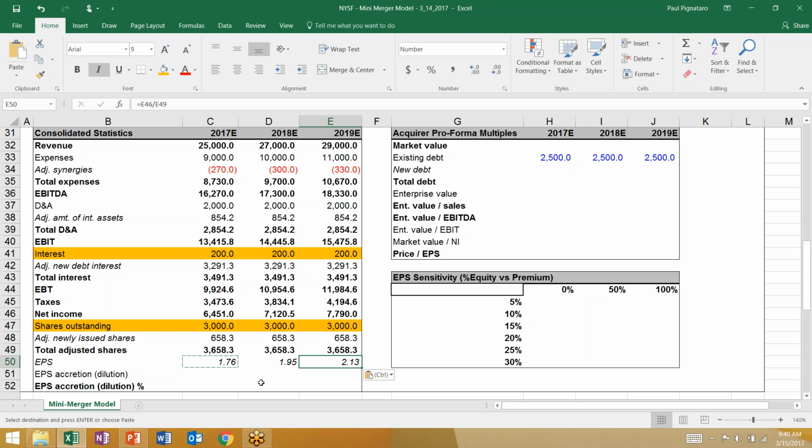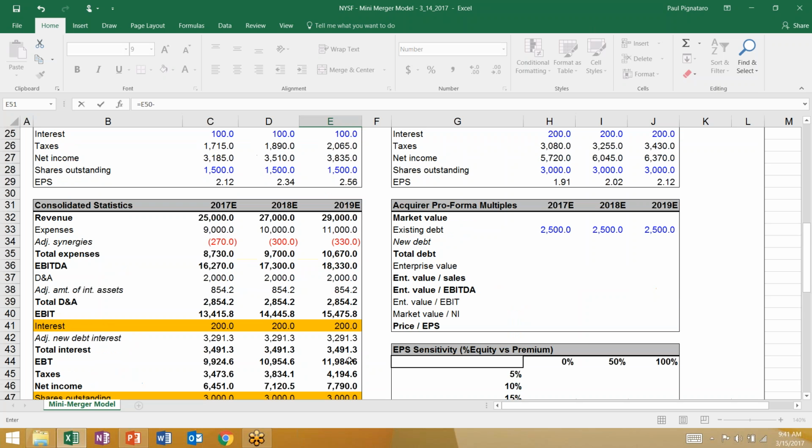Okay? Everyone getting 213 in a minute? Let me know. And if you have it, we want to calculate the accretion dilution. What change, overall change, did this have over the original acquirer? Well, let's take a look, both on a cents basis and a percent basis.